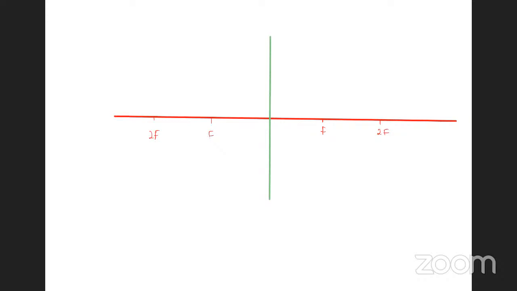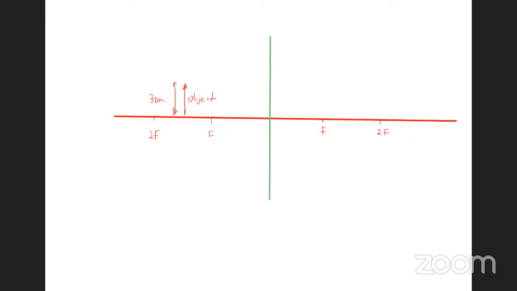So remember this. If you place an object here, let's say the object, I'm just making up a number, is 3 centimeters. This is the object. How do we obtain the image?